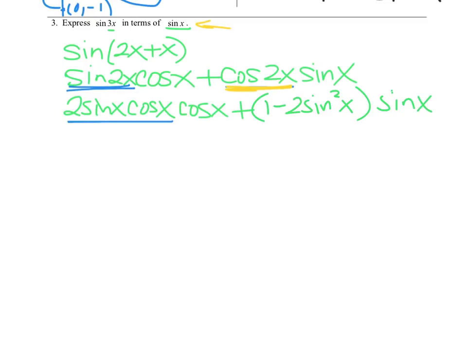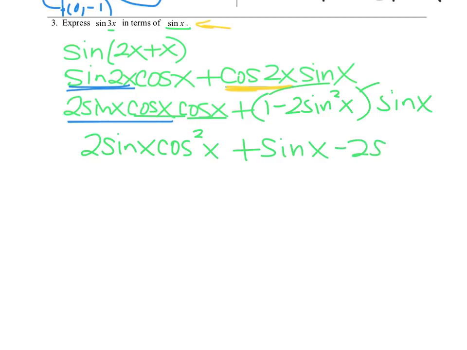I've got a cosine times a cosine, so I have 2 sine x times cosine squared x, plus I can distribute this in: sine x minus 2 sine cubed x.